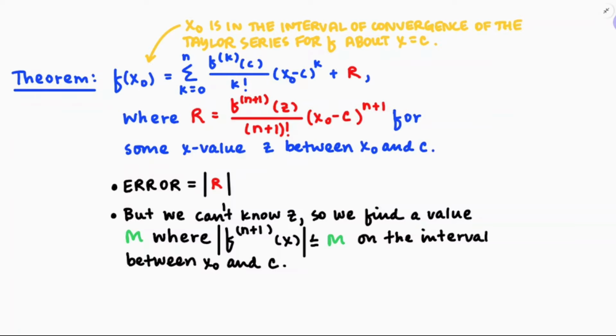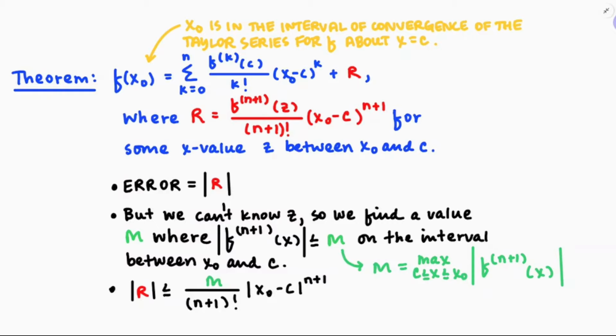So we're going to find a value m where the absolute value of that next derivative is less than or equal to m on the interval between x0 and c. We could say m is the maximum, as x runs from c to x0, or x0 to c in the event that x0 is to the left of c, of the absolute value of the next derivative.